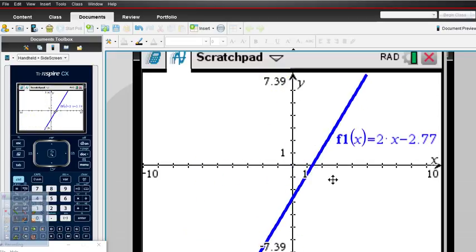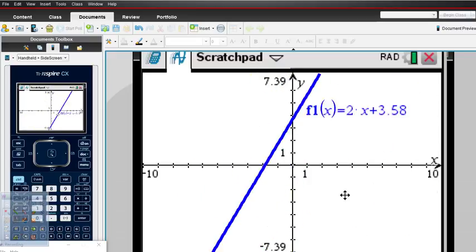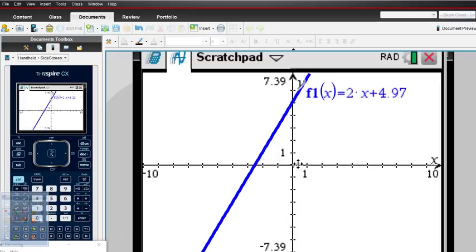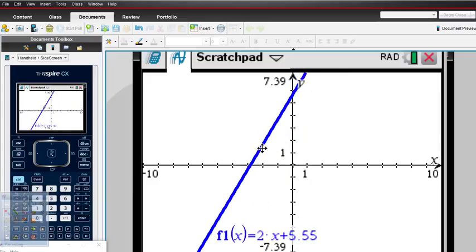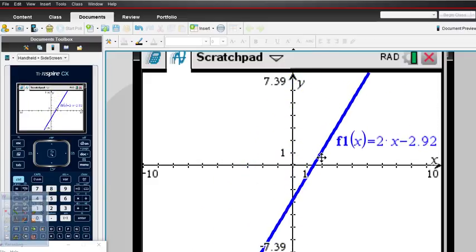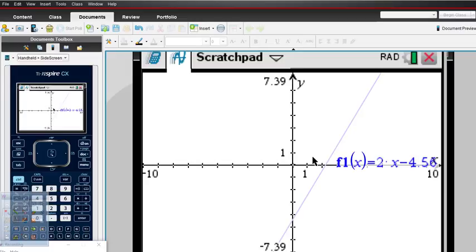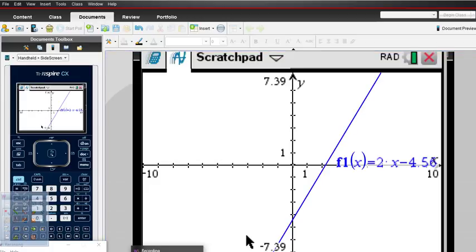But you'll notice that we're moving it up and down, basically, right? And you'll also notice that the only thing changing is our b, basically, our y-intercept, this number on the end, our constant. That's important. That's what changes.